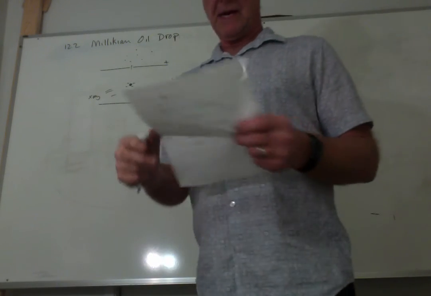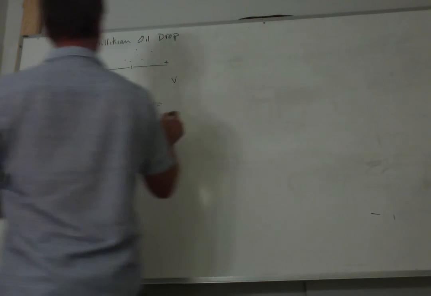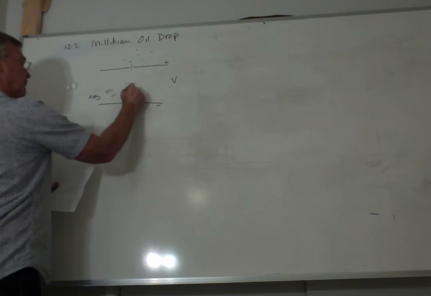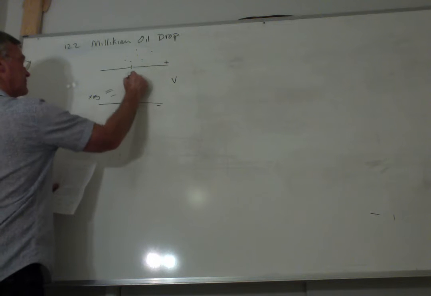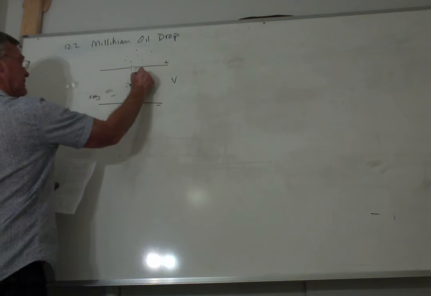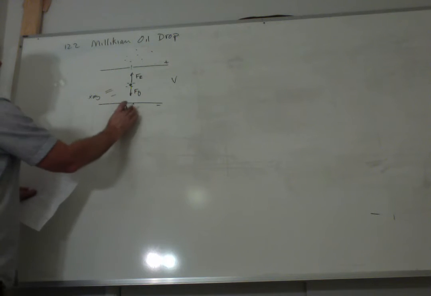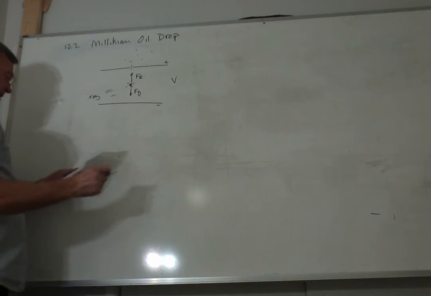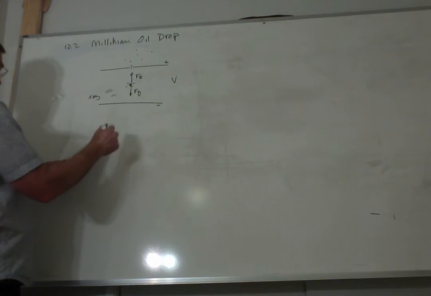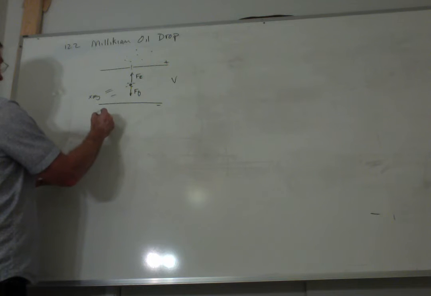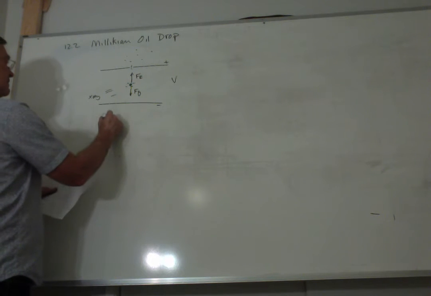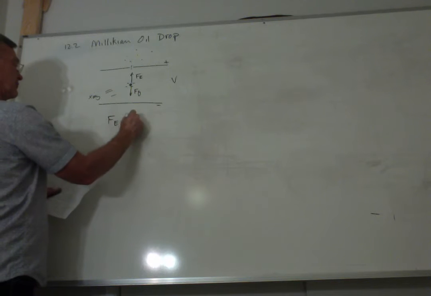And what he did was he did a little bit of simple physics. He said, obviously there's a force down of gravity, there's a force up from the electricity, because this negative is repelling, this positive is attracting. He knew that therefore the force of electricity would be equal to the force of gravity.